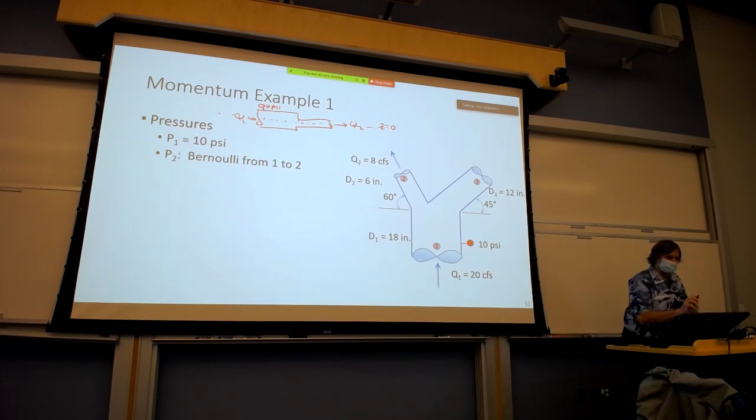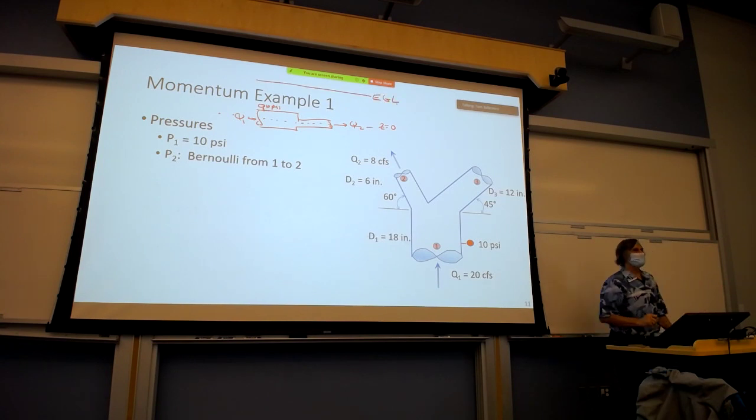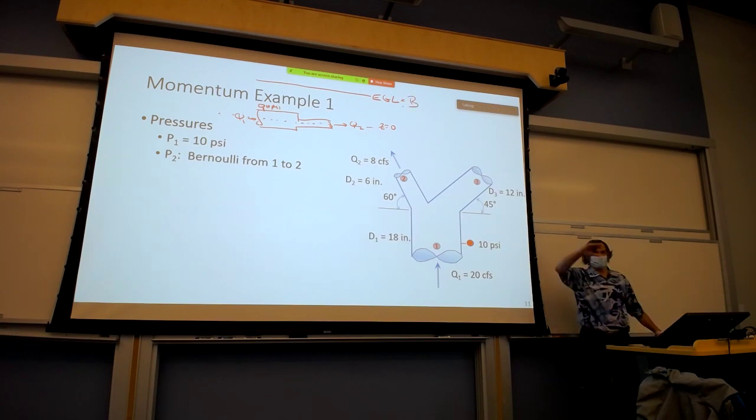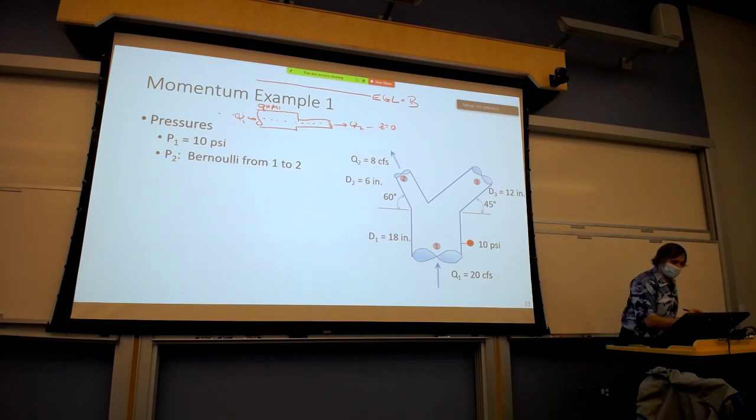Remember, what's happening is, at this point in our career, this is our energy grade line. It's a constant value all over the whole system. And what's happening is, for example, the hydraulic grade line is different from the energy grade line by v squared over 2g.